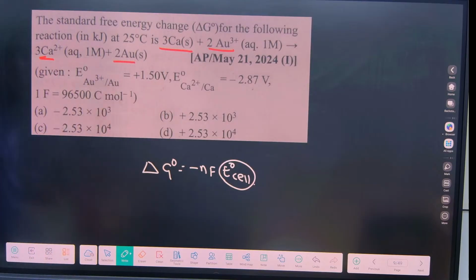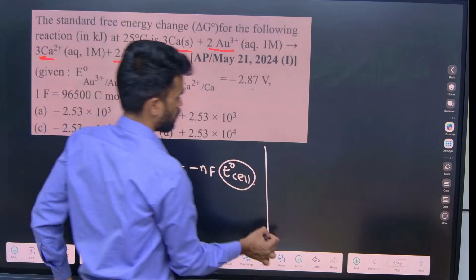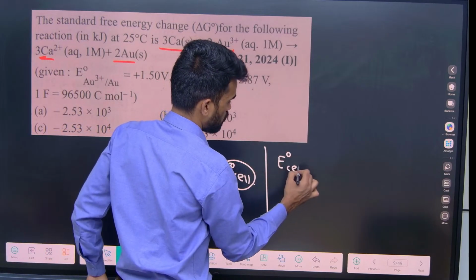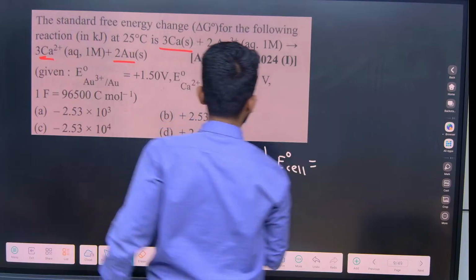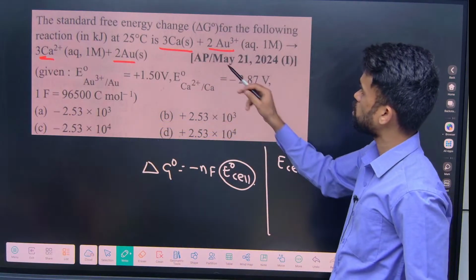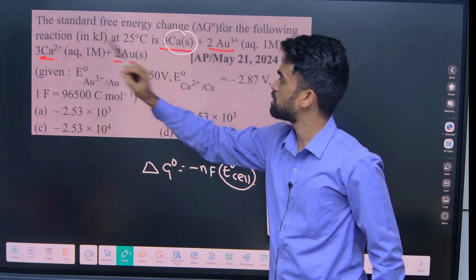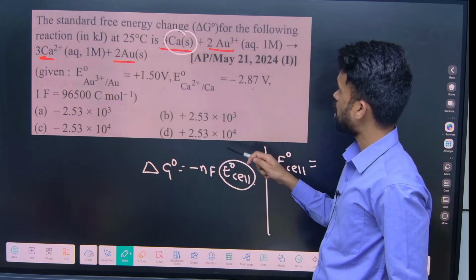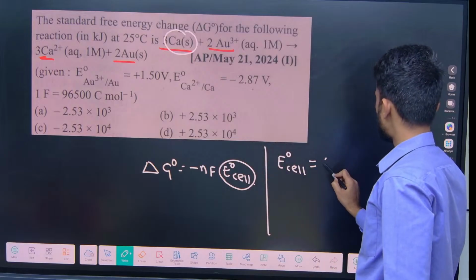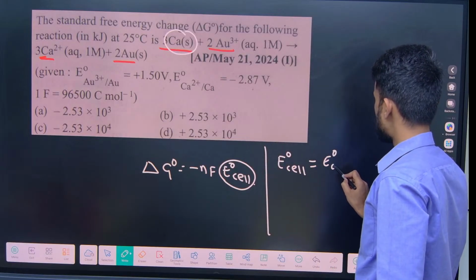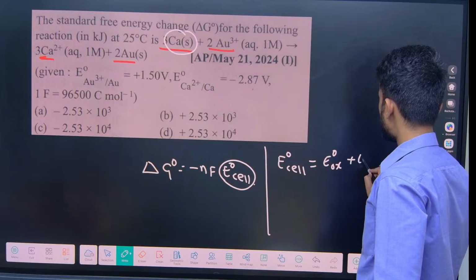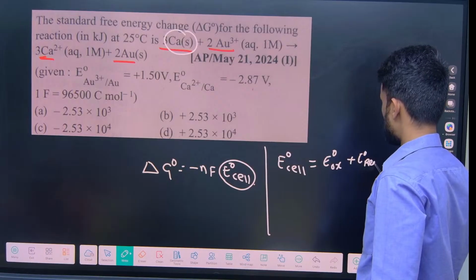Now for this E naught cell, how can we write it? We need to know the oxidation potential and reduction potential. Who is undergoing oxidation here? Calcium is undergoing oxidation. So what is its oxidation potential? You simply take E naught cell as E naught oxidation potential plus E naught reduction potential.